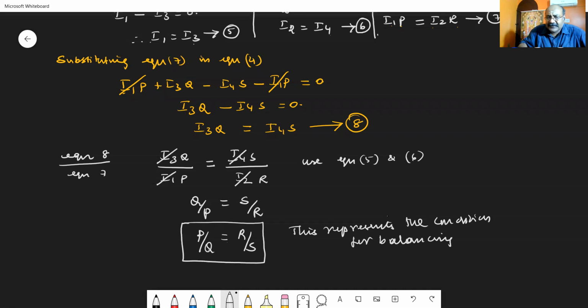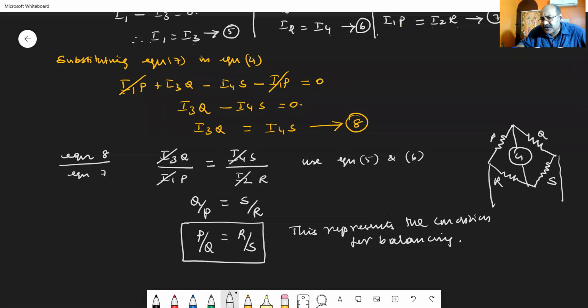if the ratio of the resistances, see, we have drawn the diagram like this. This is P, this is Q, this is R, and this one is S, isn't it? In between them, you are having the galvanometer. In between these two junctions, you are having a battery and a key.